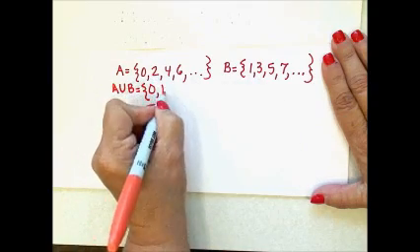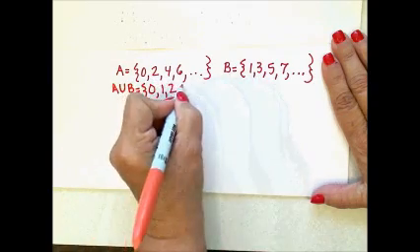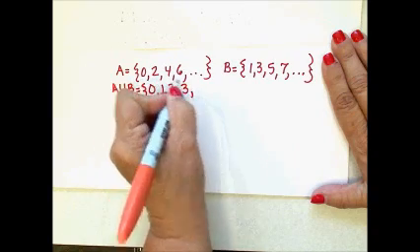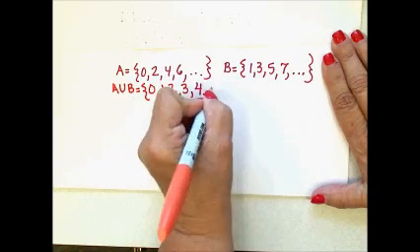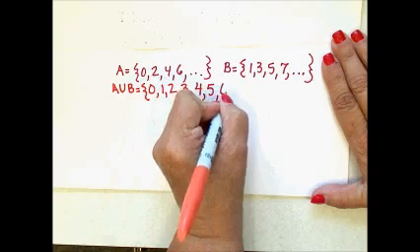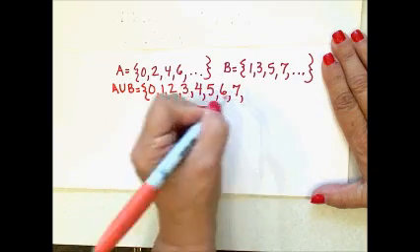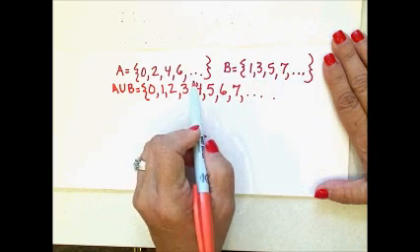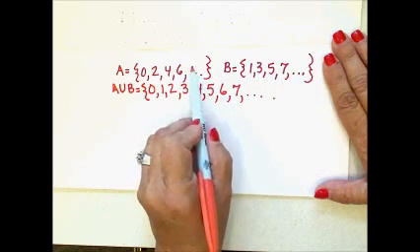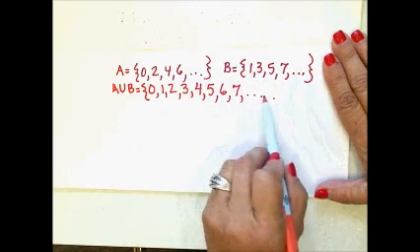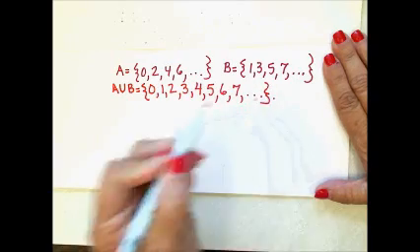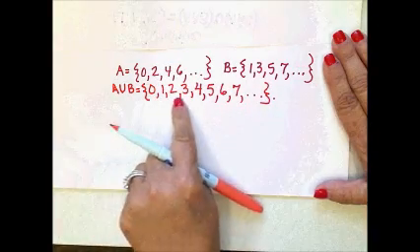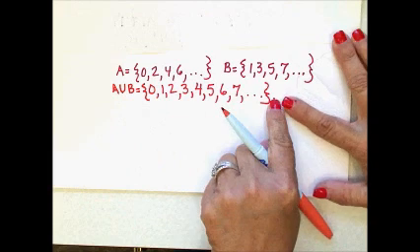Here we've got 2, 3, 4, 5, 6, 7, and so forth. I could have put 8 and 9 in there, but the 3 dots are fine because that says it goes on and on and on forever in a like fashion.